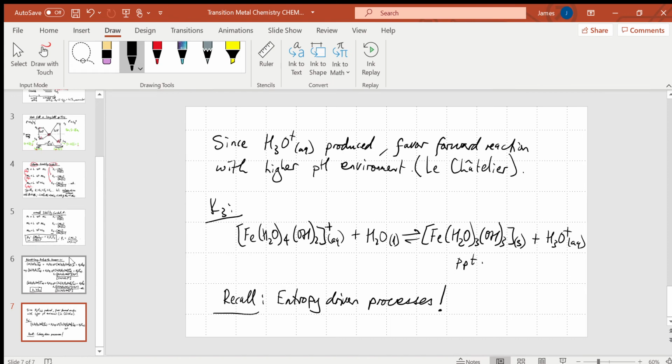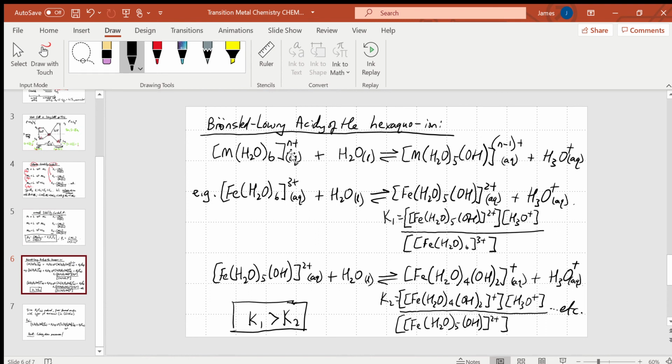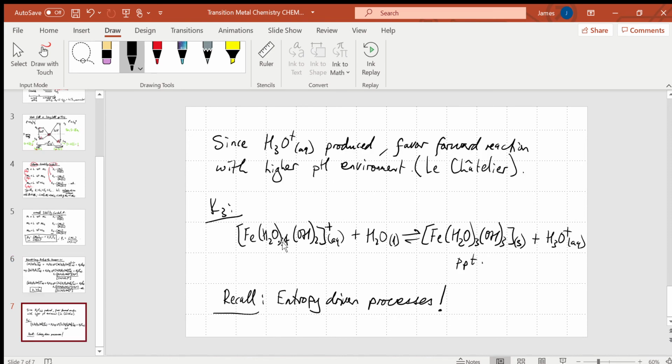We can see clearly that you've got six waters to interact with, so there is greater favoring of the forward reaction here. But as you go on and on, as the number of Ks increases, here you've only got four left, so you've got two fewer options. That would be a statistical availability issue, which therefore would label it as an entropy-driven process.